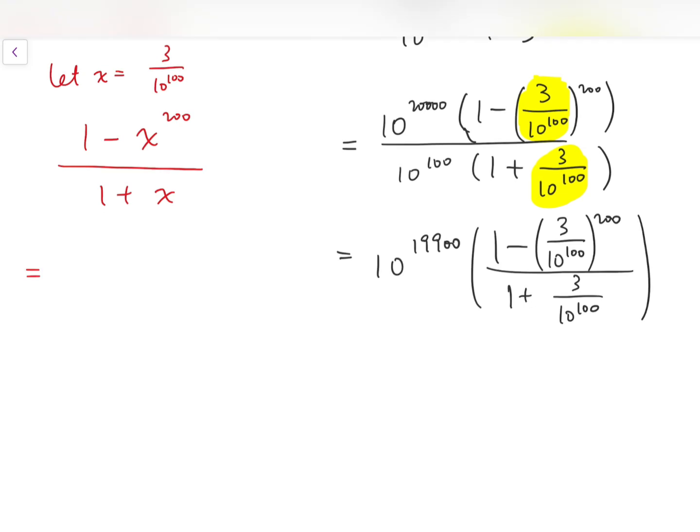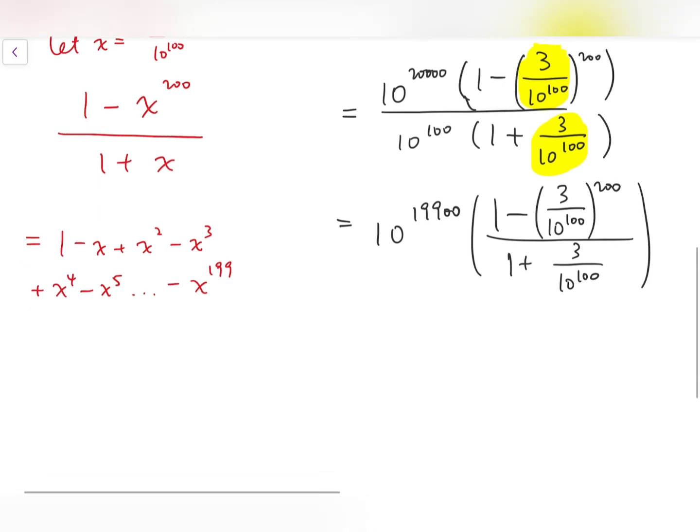With long division, you should notice the pattern, and it is actually equal to 1 minus x plus x squared minus x cubed, so the alternating plus and minuses, plus x to the power 4 minus x to the power 5, all the way up to the last term, which is minus x to the power 199.